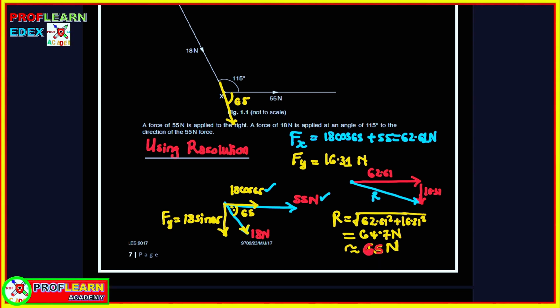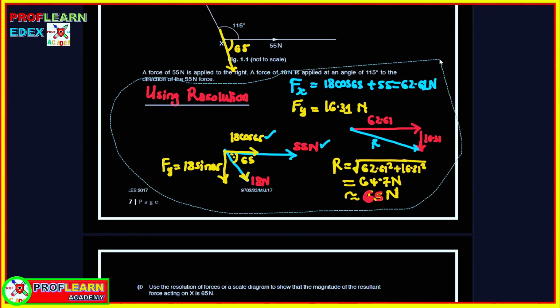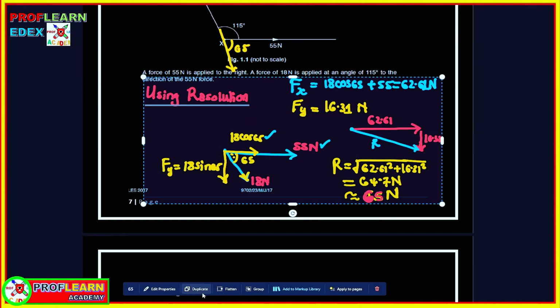Yes, so that's what we are supposed to do in order to get the resultant vector by resolving vectors. Let me just move this down here so that I can have my working in the correct place where this work was supposed to be placed.